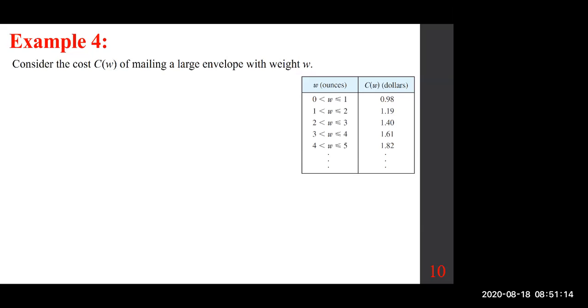What it really means is, if you're looking at this one, from 0 to 1 along the x-axis, the y-axis is 0.98, but 0 is not included. So I just want to show you that part. This is 0, this is, let's say, 1, and this is, let's say, 2. This is being represented by W, and this is being represented by the cost.